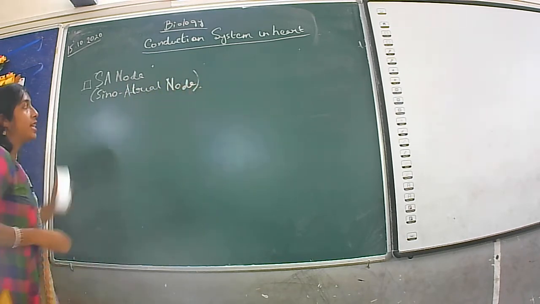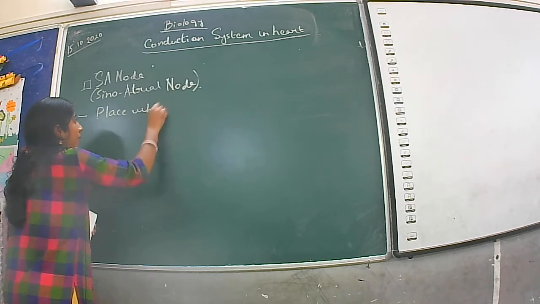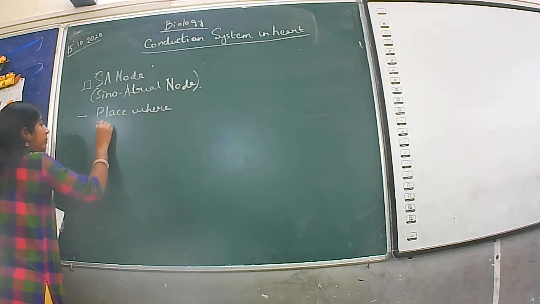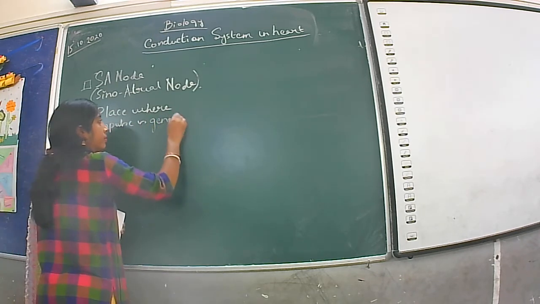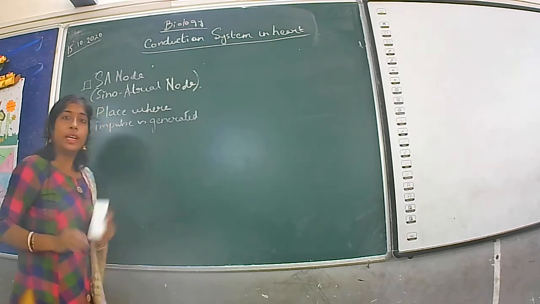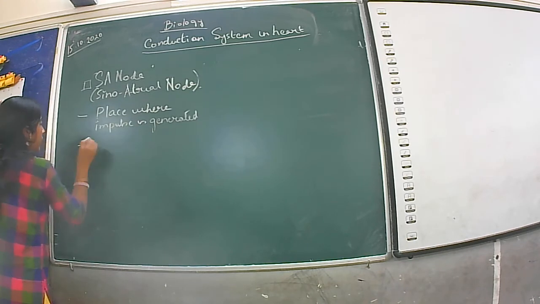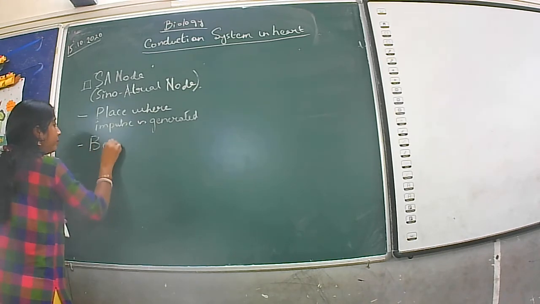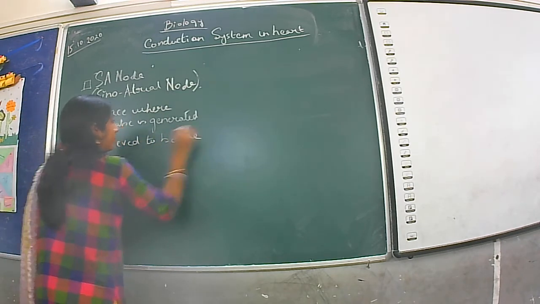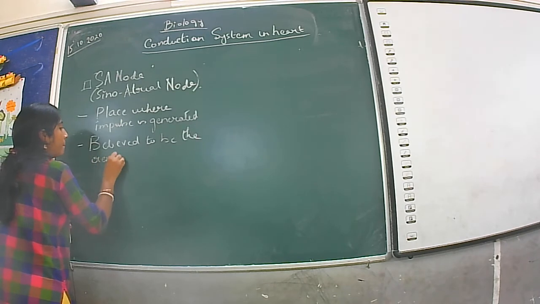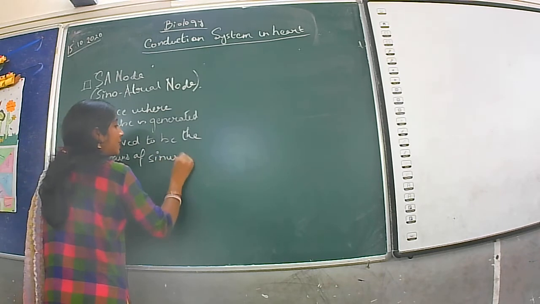As I have said, it is the place where impulse is generated. Here, this place where the impulse is generated. Now, it is believed to be the remains of sinus venosus.